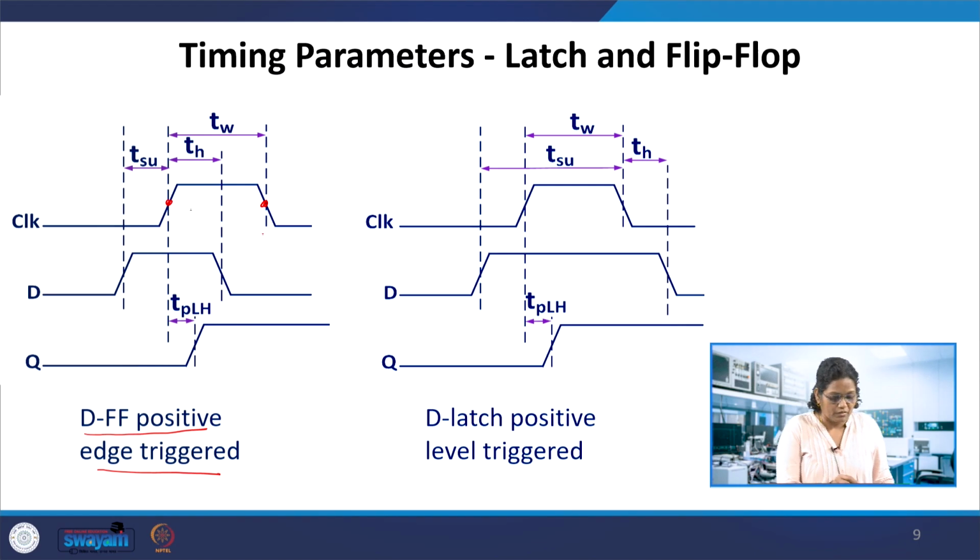This is the clock width, shown as TW. Similarly here also the clock width is shown as TW, for the latch. The clocks of the flip flop and the latch. The clock here is actually the level sensitive one.